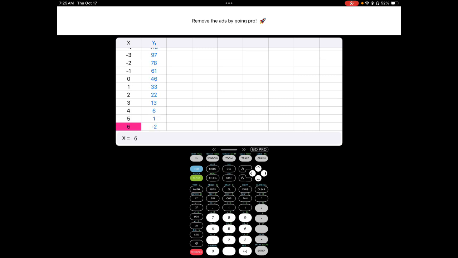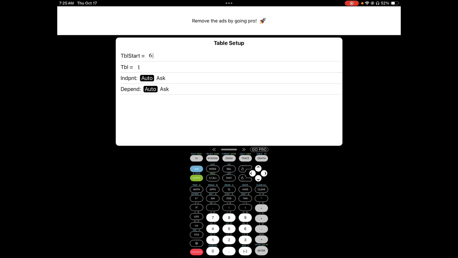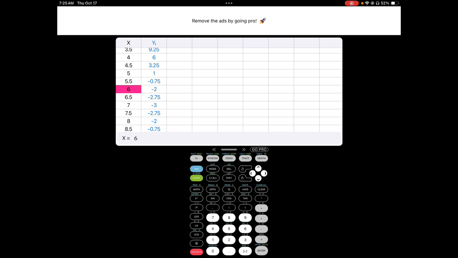It falls between 5 and 6. And we can also change the table set. Hit second window, and we want to do it by halves. Okay, so now we can see that it's actually between 5 and 5.5 when we look at the table.